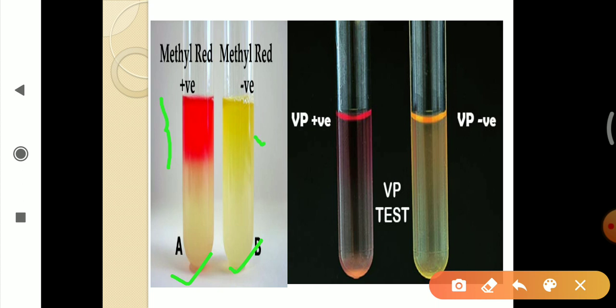And if it remains yellow after adding methyl red, then the methyl red test is negative. Whereas in the Voges-Proskauer test, if there is the development of red color, then the Voges-Proskauer test is positive. If there is no development of such red color within or after 15 minutes, then the Voges-Proskauer test is negative.